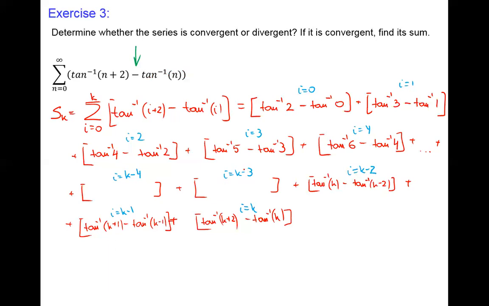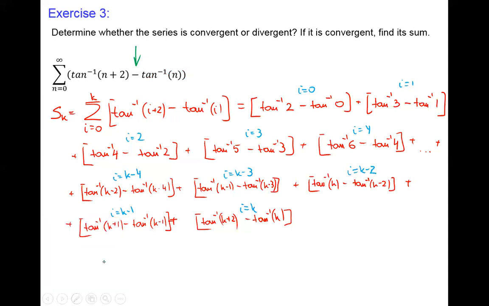Now, inverse tangent at k minus 3 plus 2 is k minus 1, minus inverse tangent at k minus 3. One more. Inverse tangent at k minus 4 plus 2, k minus 2, minus inverse tangent at k minus 4. Okay, let's see what we can cancel out.